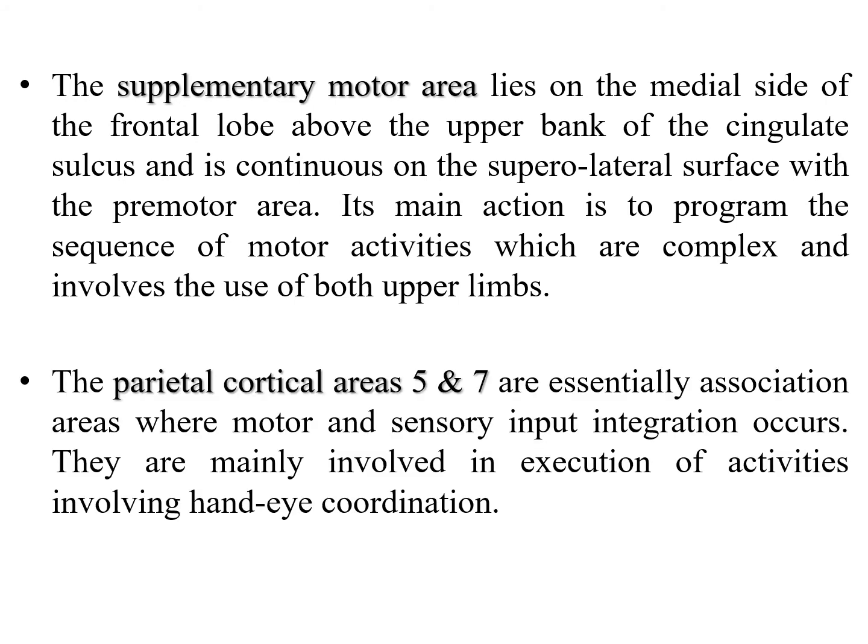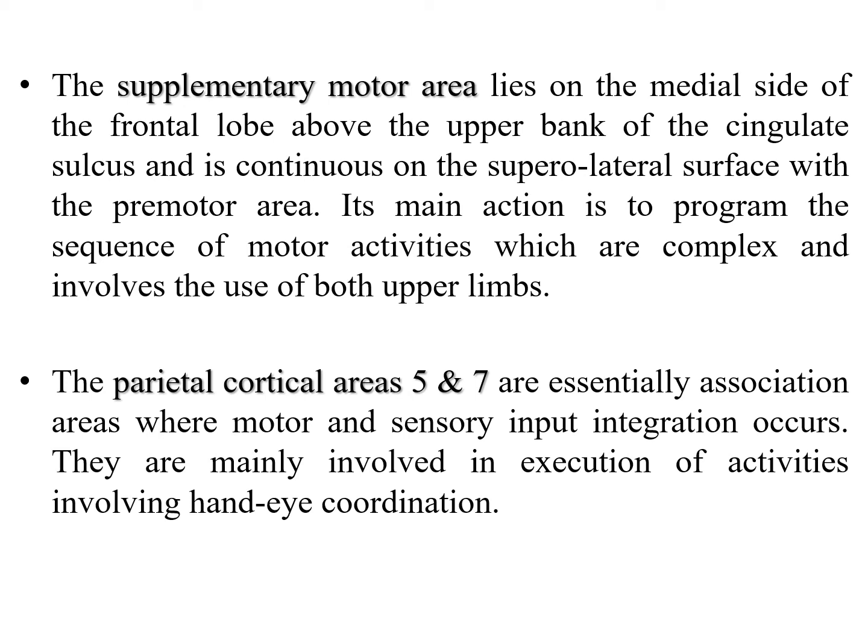Next, the parietal cortical areas 5 and 7. These areas, though not classically part of the motor system, are essentially association areas. Means there is sensory motor input integration in these areas.